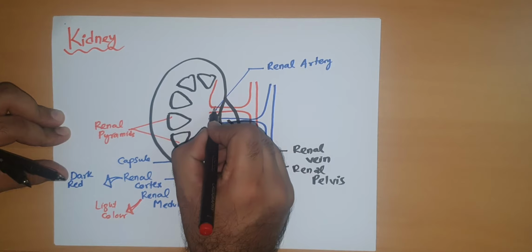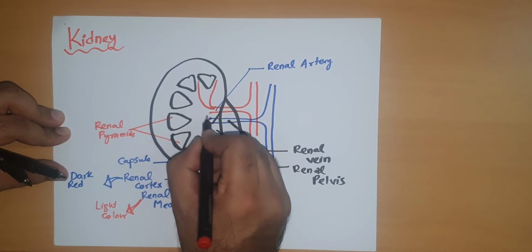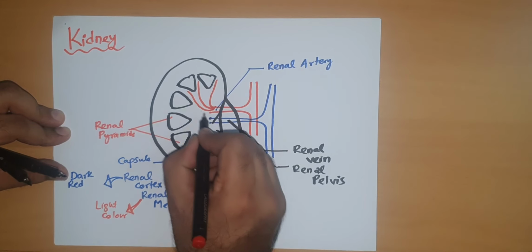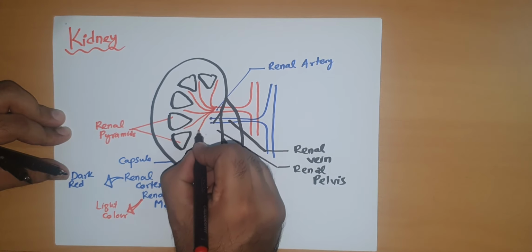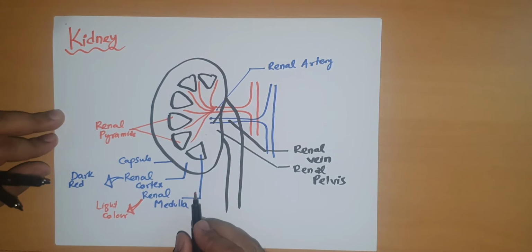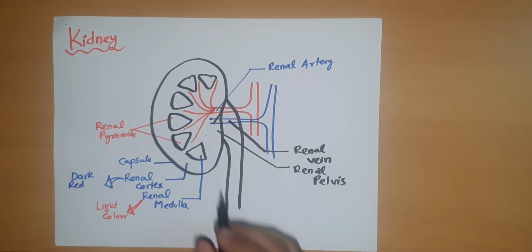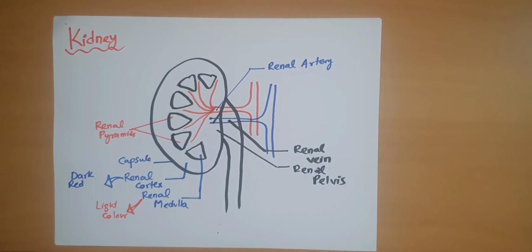this artery divides into arterioles, and these arterioles, first of all, they go in between these renal pyramids. Now these arteries or these arterioles which go in between the renal pyramids, these are called as lobar arterioles.